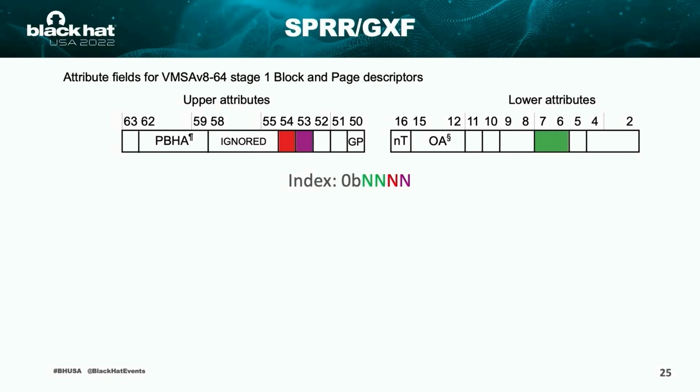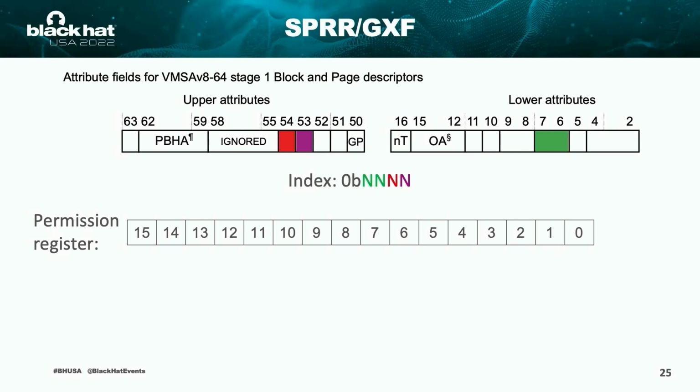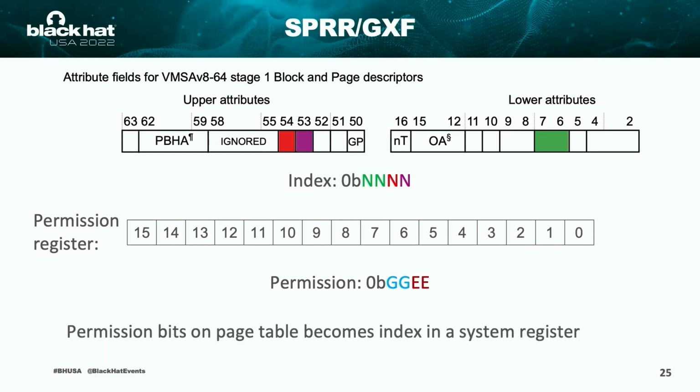The index is used to look up a permission register, which is 64-bit. You can have 16 permission indices, and each permission will have 4 bits, which describe the permission each page has: 2 bits for guarded mode and 2 bits for normal mode. So permission bits at page level now become indexed into a system register. So how is it used in the iOS kernel?